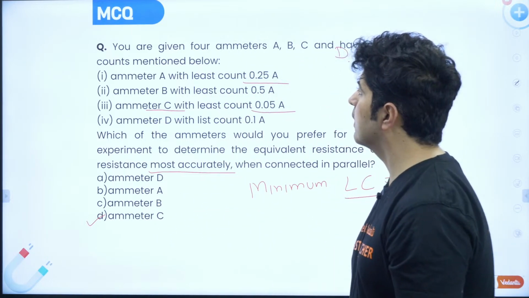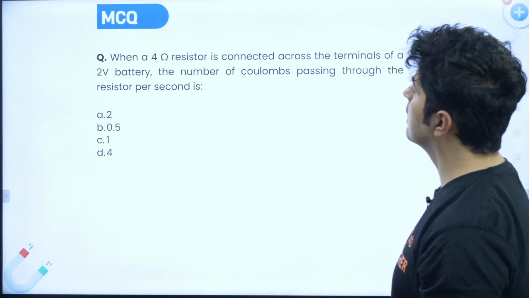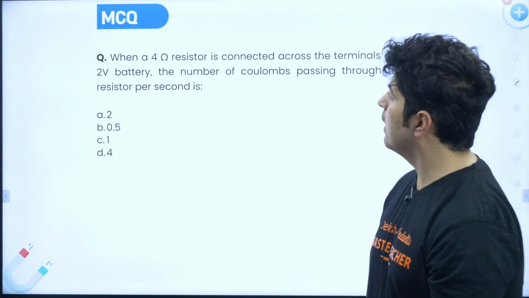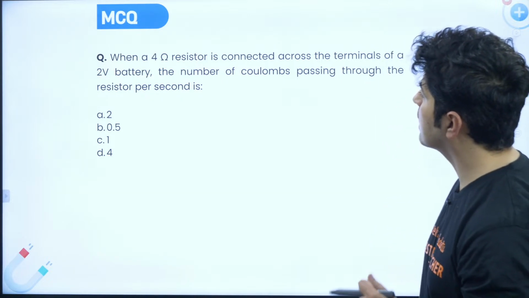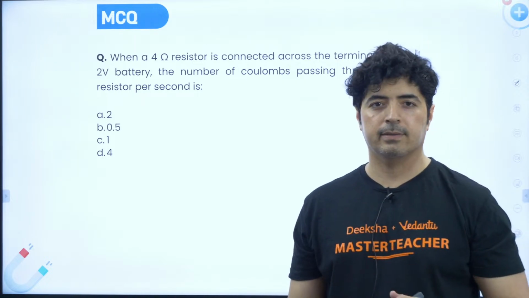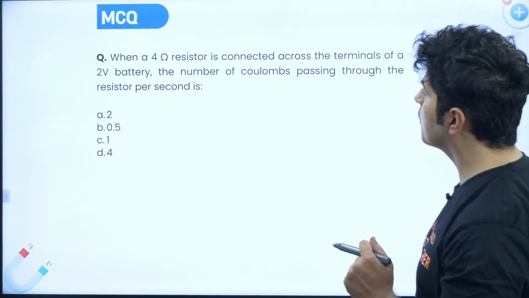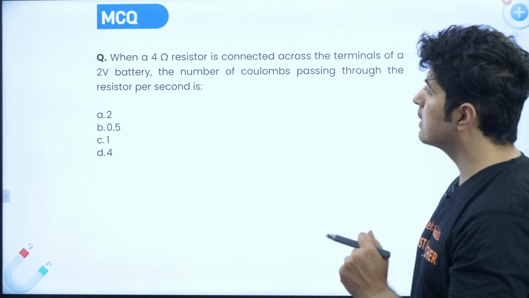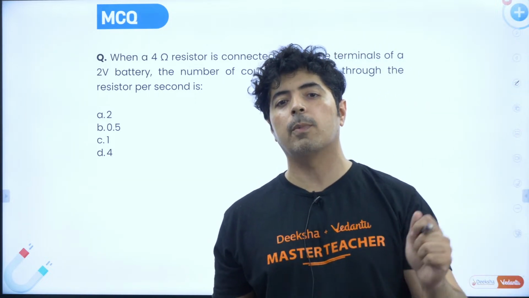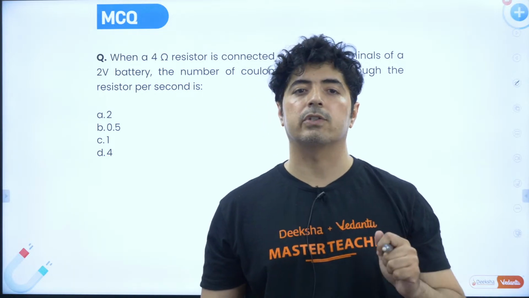The next question is coming up on your screen. All right, this is the next problem. It says, when a 4 ohm resistor is connected across the terminals of a 2-volt battery, the number of coulombs passing through the resistor per second. Whenever we say number of coulombs, it means it's asking about the amount of charge.